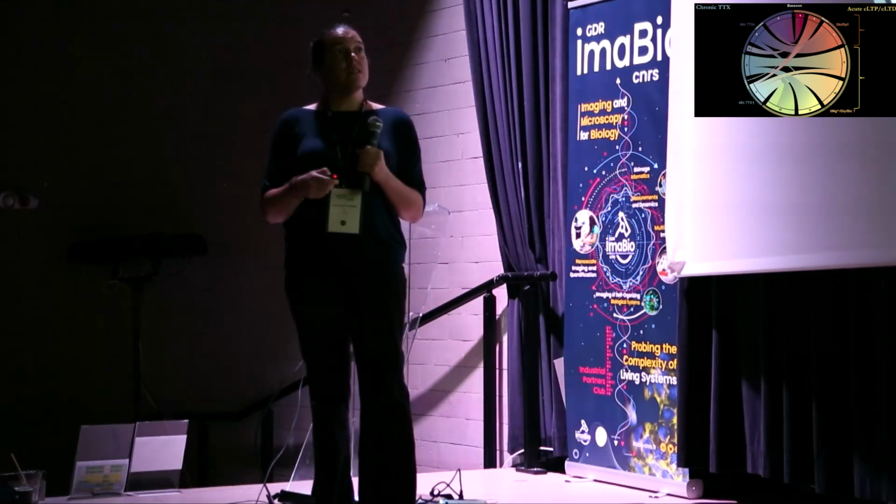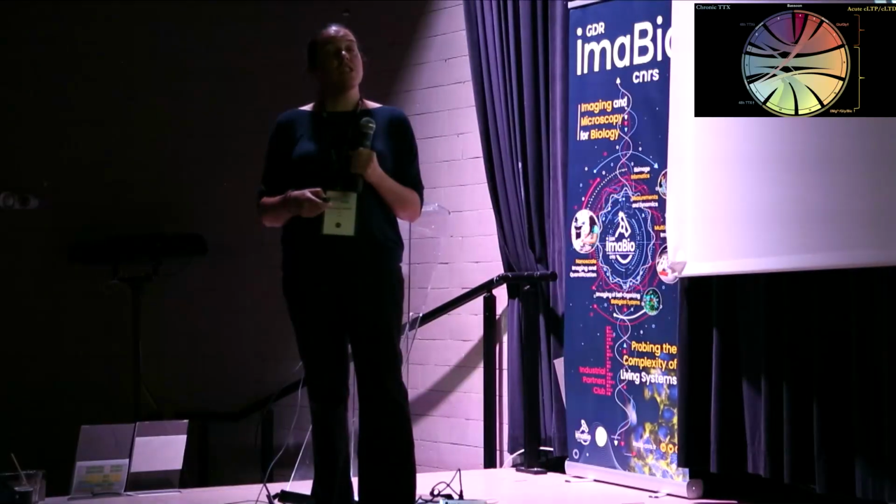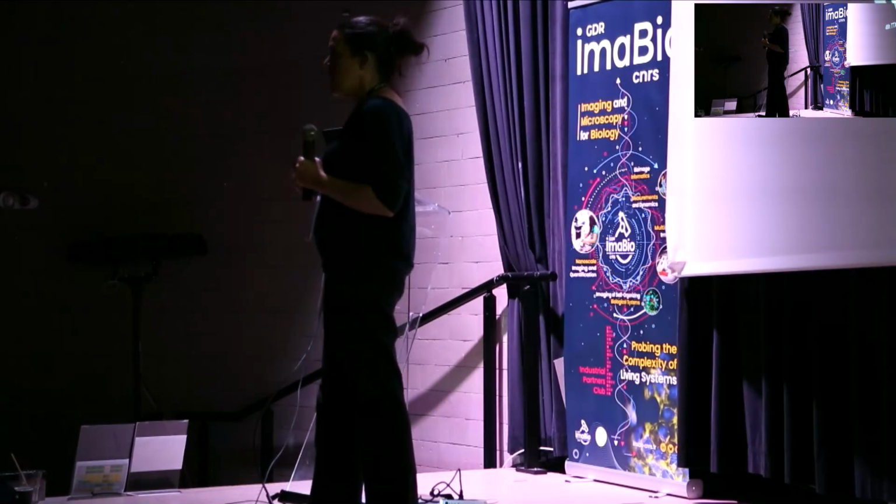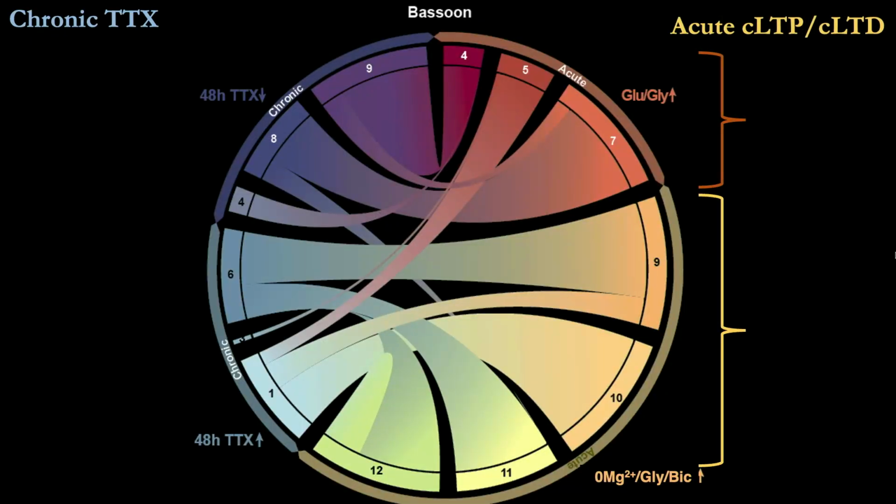And we look at those subtypes and to which subtypes they were associated in another data set of synaptic scaling, where we had treated our neurons 48 hours with TTX, which is known to increase synaptic strength. And what we see is that there is a strong association between subtypes increased in long-term potentiation and subtypes that are increased after the TTX treatment in synaptic scaling.